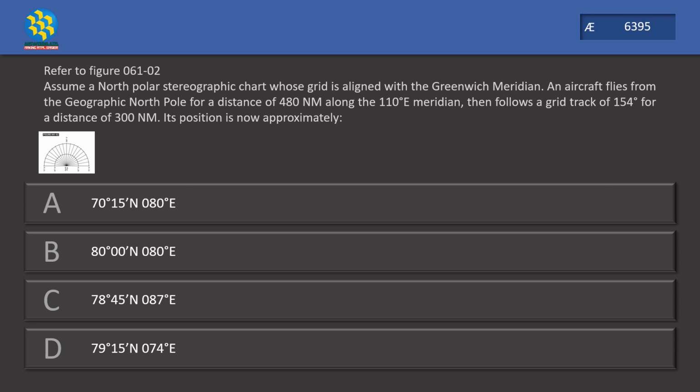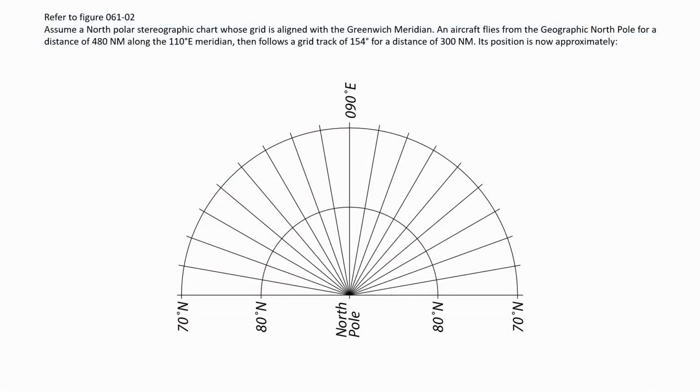Its position is now approximately. The optional answers are A. 70° 15' north 080° east, B. 80° north 080° east, C. 78° 45' north 087° east, and D. 79° 15' north 074° east.